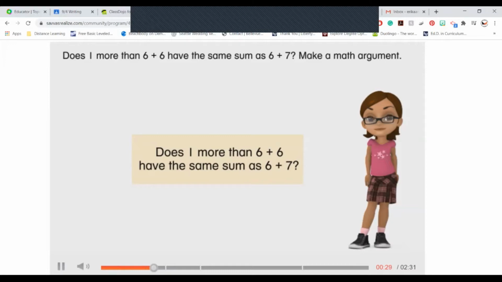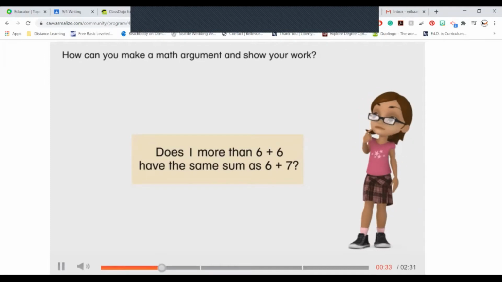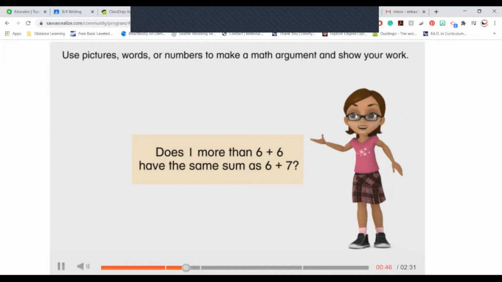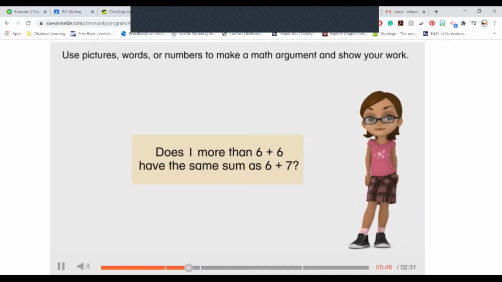Make a math argument. How can you make a math argument and show your work? Use pictures, words, or numbers to make a math argument and show your work. I can draw pictures and write equations.